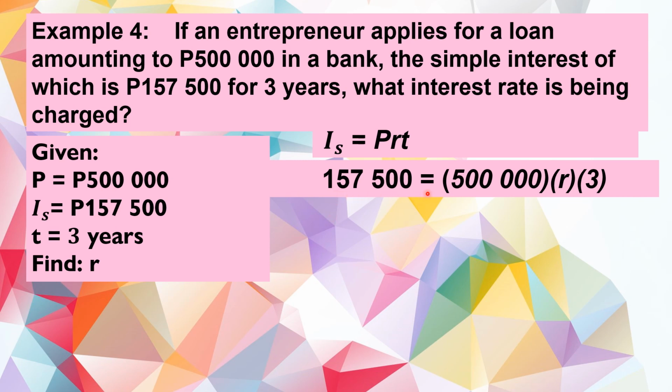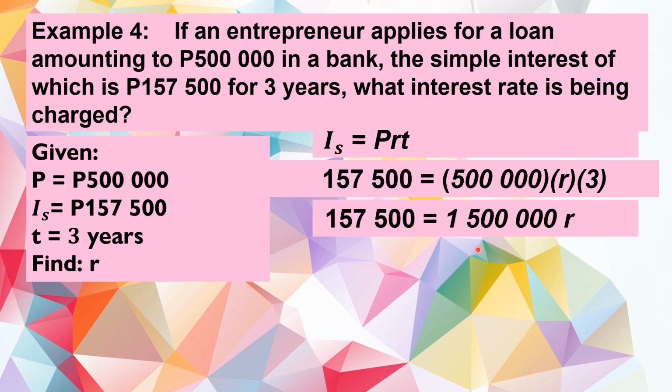157,500 equals yung principal natin is 500,000 times our rate times our time, which is 3. So, multiplying this 3, we will get 1,500,000 R. Then, just copy this.